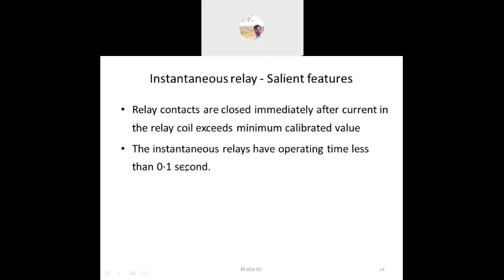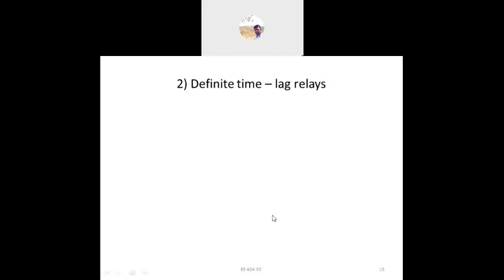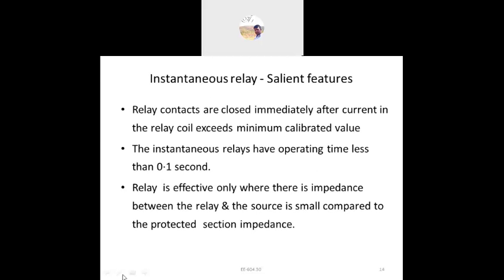Next, the relay is effective only where the impedance between the relay and the source is small compared to the protected section impedance. The relay contacts will be closed immediately, and the time is less than 0.1 second.